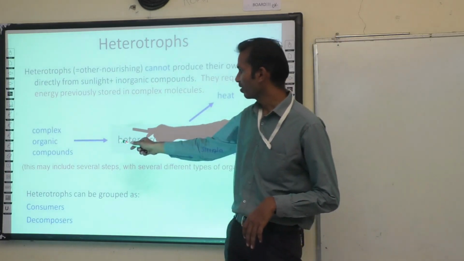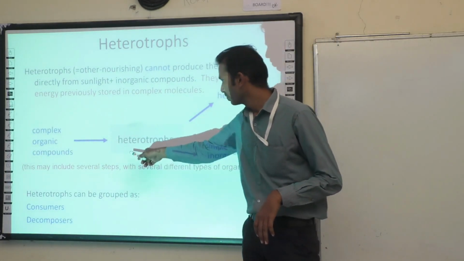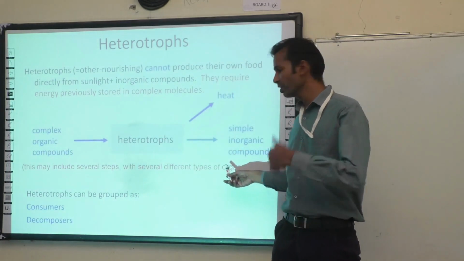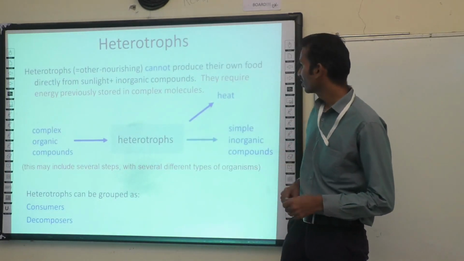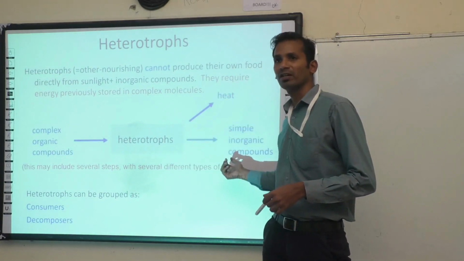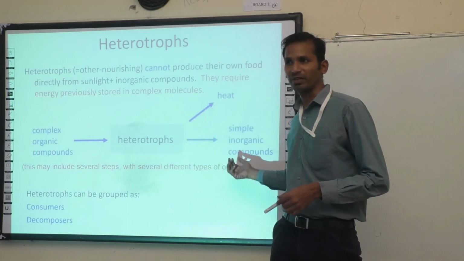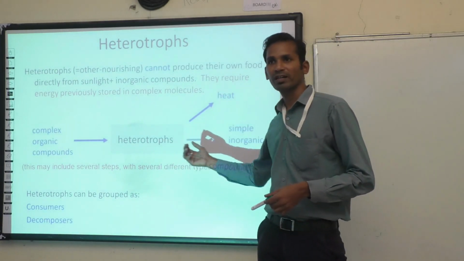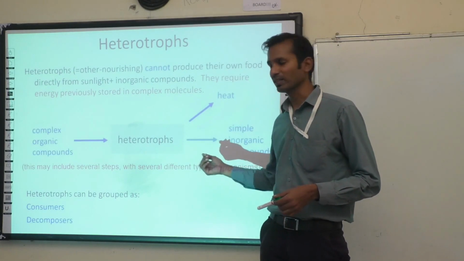Complex organic compounds are consumed by the heterotrophs, and they are again converted into simple inorganic compounds. Complex, in the sense of carbohydrate, can be converted into starch and sugars. A lipid can be converted into fatty acids and other acids.